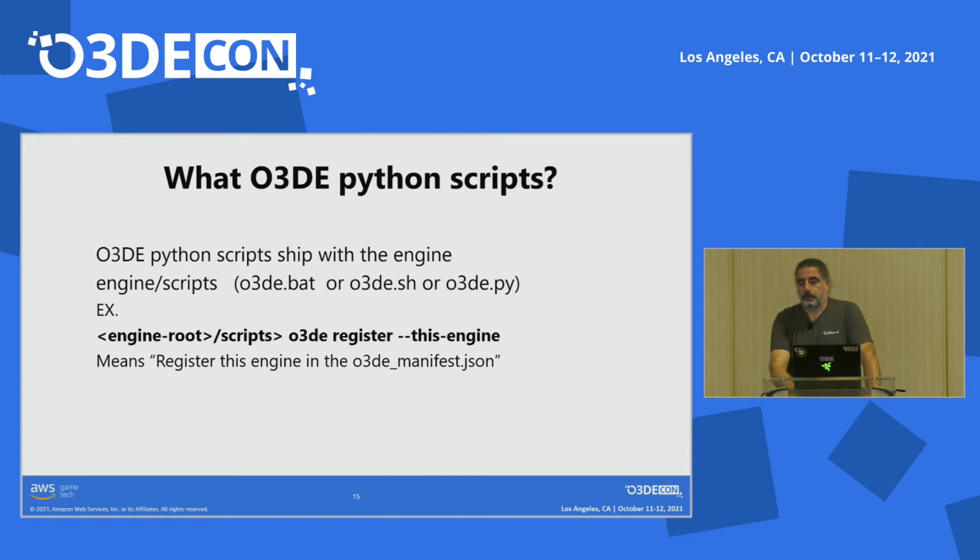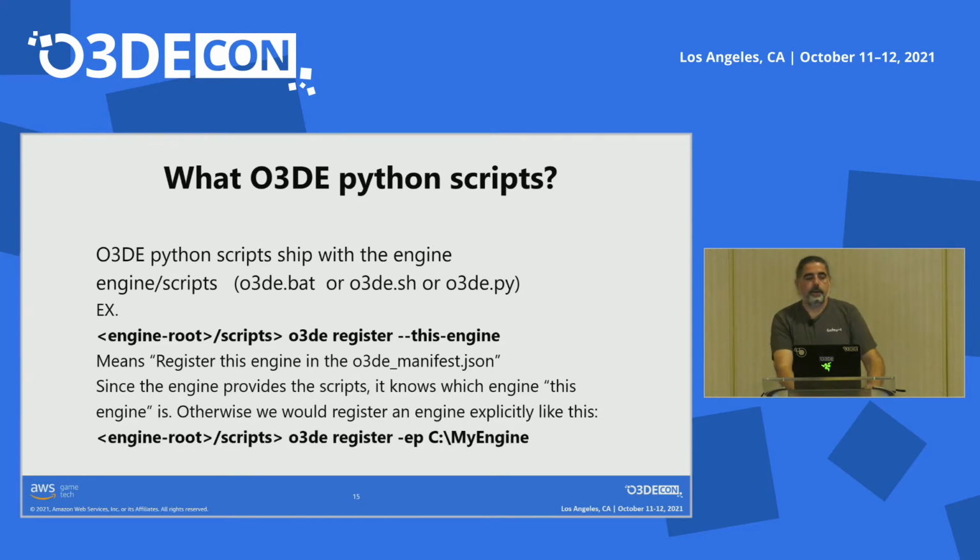So as an example, if we're in the engine's root scripts folder, I could issue a command to register this engine: o3d register this engine. This literally means register this engine with the O3D manifest JSON.